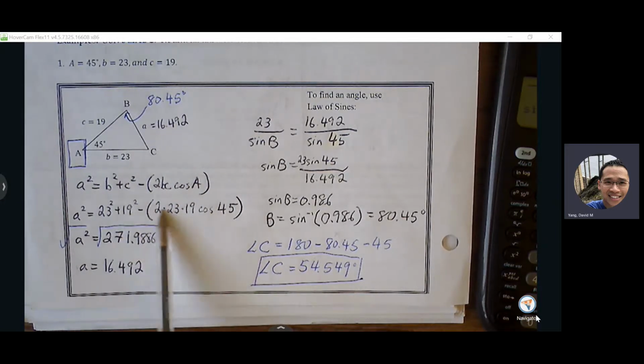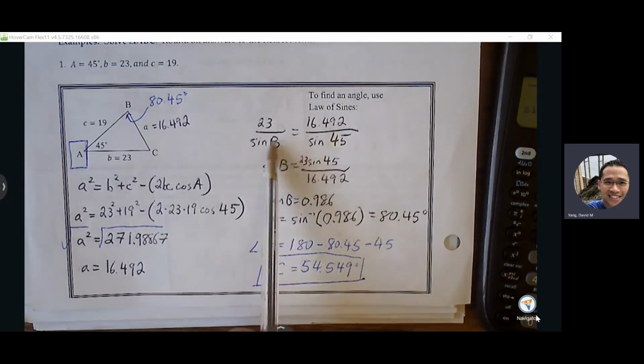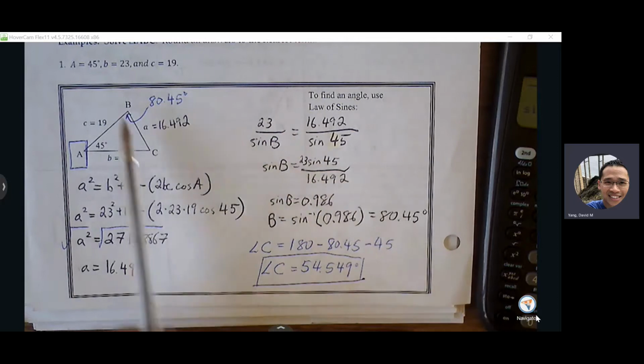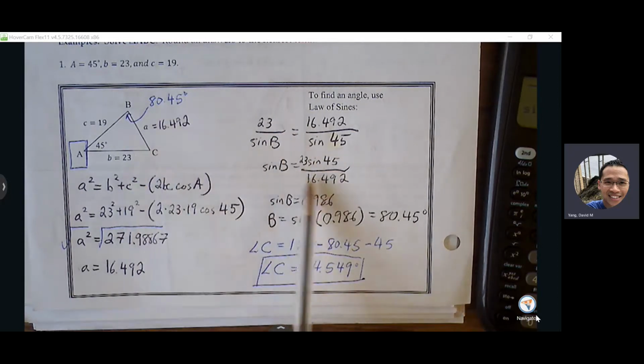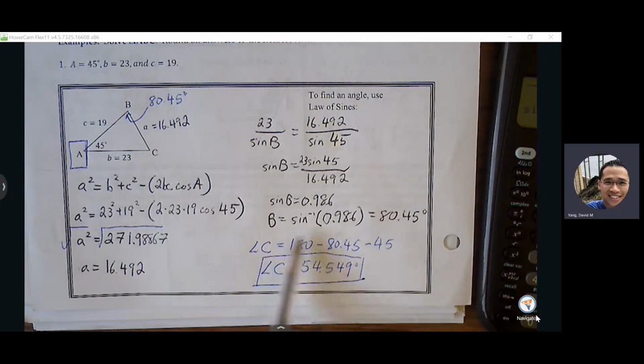Enter everything on the right side of the equation, take the square root, find that missing side, and then transition over to law of sines and solve one angle at a time. Once you find one of the angles using arcsine, we'll finish off the last piece using the 180-degree rule about the triangle. Okay, questions there?